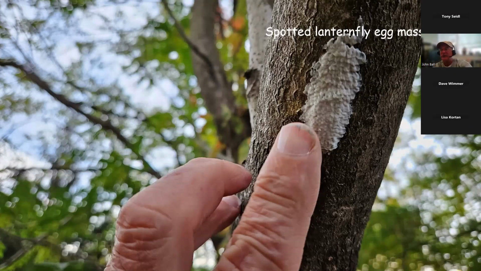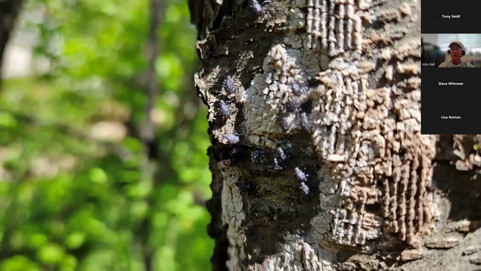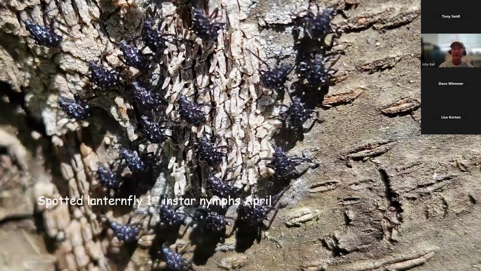And I took this picture in Maryland, by the way. And you can see they almost get like this corrugation to them too. And now they're hatching. This was a few weeks ago in Maryland, and that's what the young look like. And they scurry around and they feed by sucking sap out too. And then later in the season become the adults.